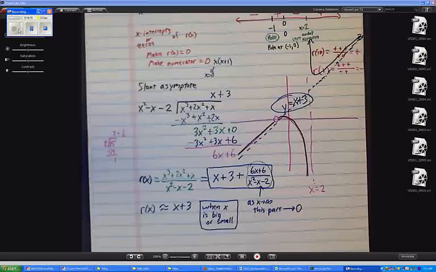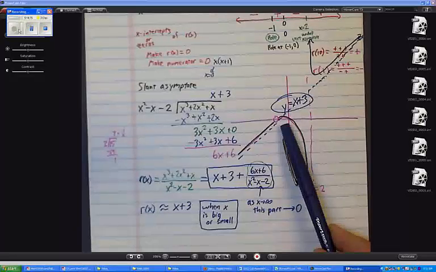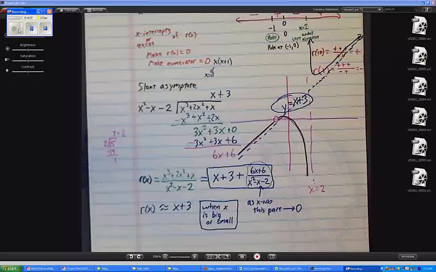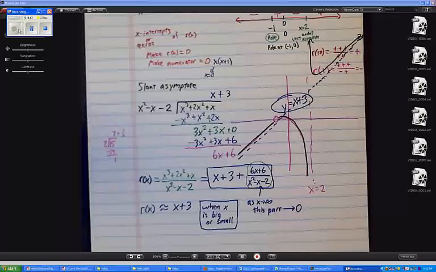Oh, you're saying over here. It does cross the asymptote there. Yes. No, it's just that it can. But let me explain that a little better so it doesn't confuse you. When we say that we have an asymptote, we're talking about what kind of behavior. There's only one word I put in front of behavior in this course: end behavior, right? So what do I mean by end behavior?